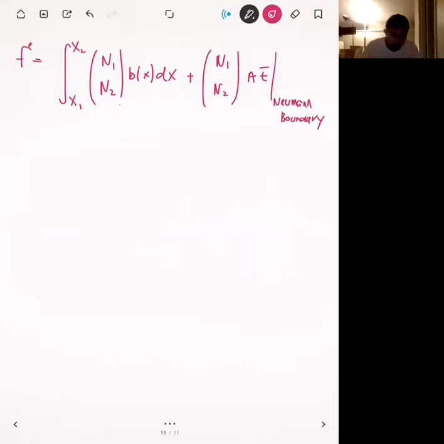All right, so we can simplify this a little bit. We can plug in for N1, N2. What we get is 1 over L, because that's going to factor out of the whole thing.